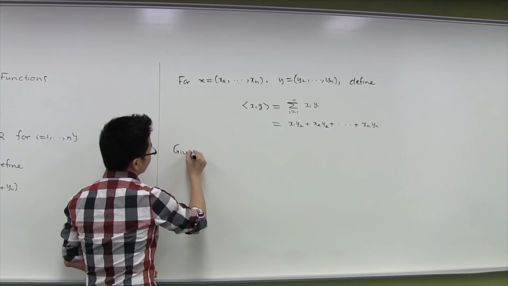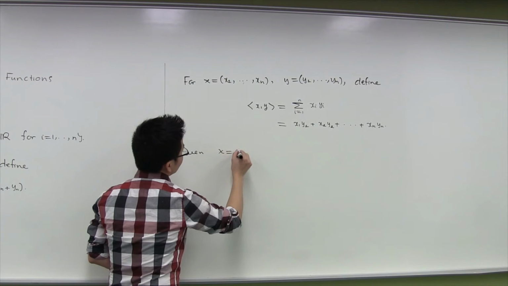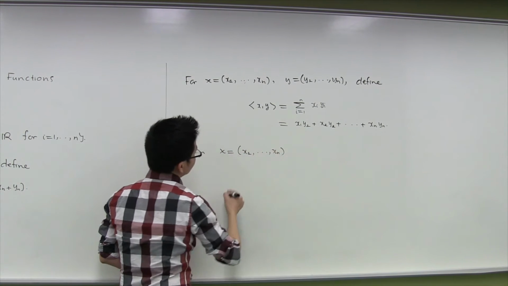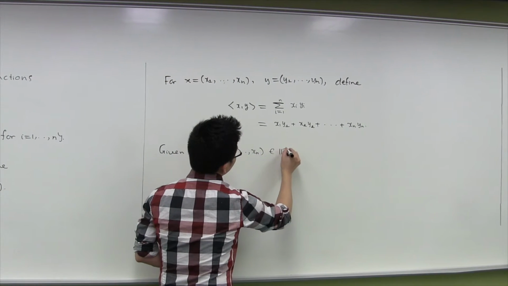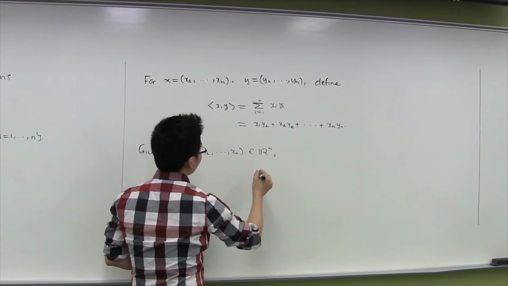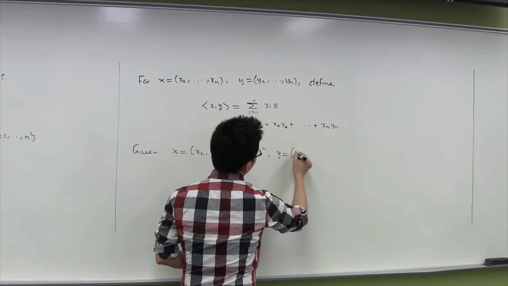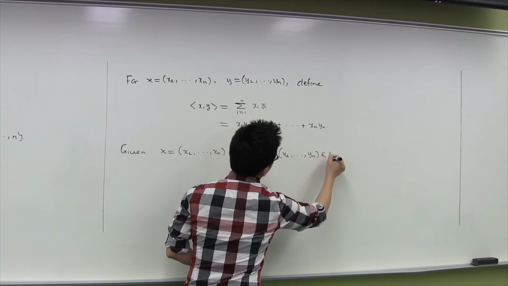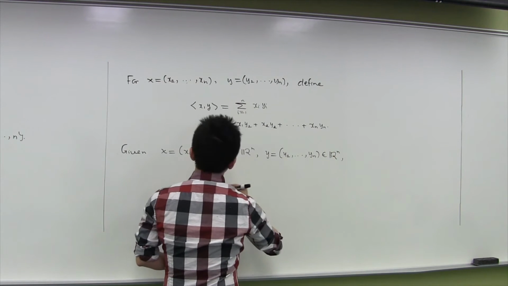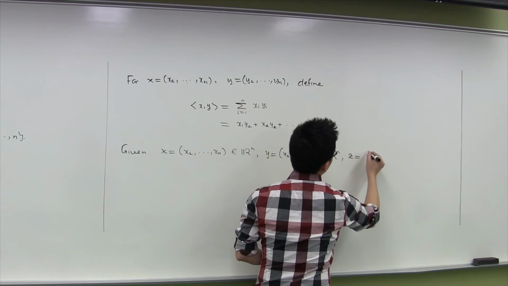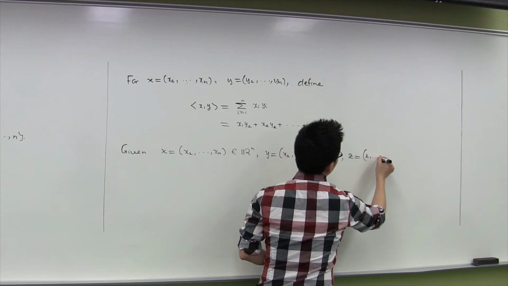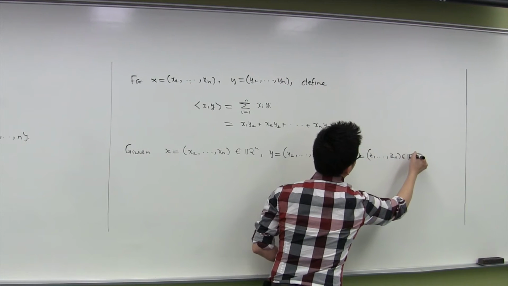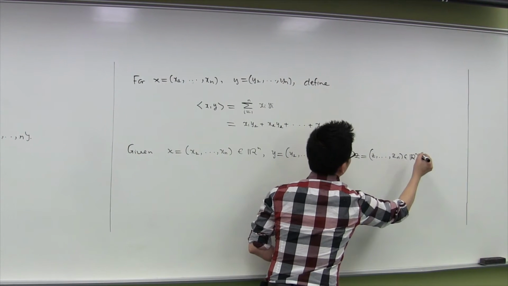Given x equals (x1, ..., xn) in Rn, and y equals (y1, ..., yn) in Rn, and z another element, (z1, ..., zn) in Rn, we have the following properties.